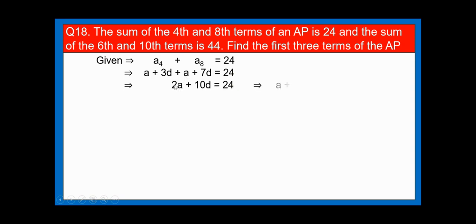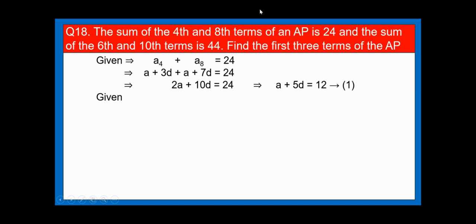What is a plus a? 2a. And what is 3d plus 7d? 10d is equal to 24. Now let us divide this total equation by 2. Then 2a by 2 is a, 10d by 2 is 5d, 24 by 2 is 12. It is the first equation.